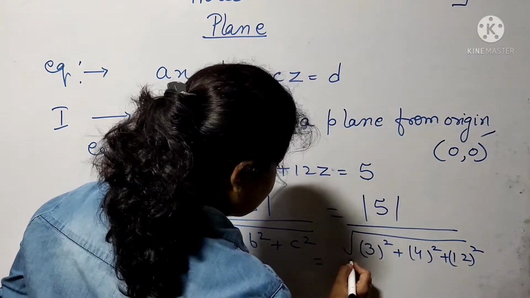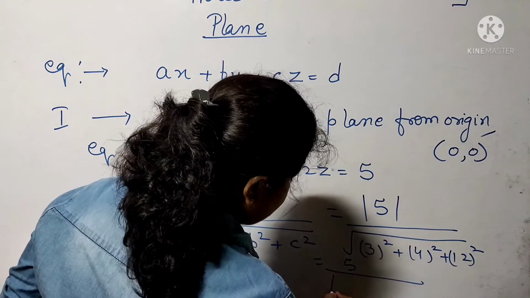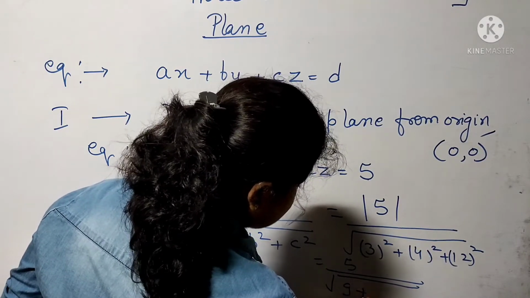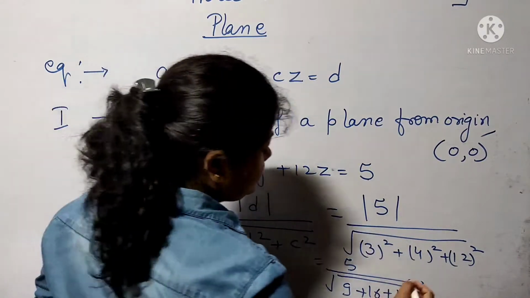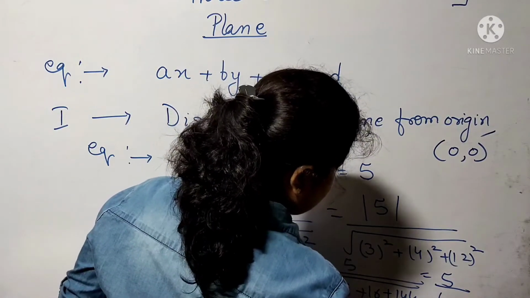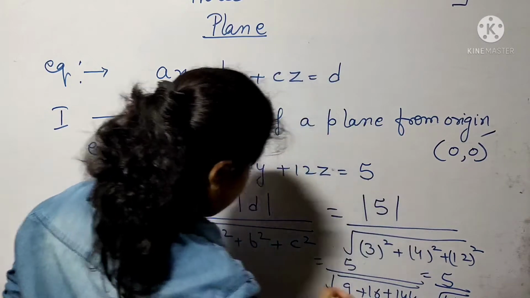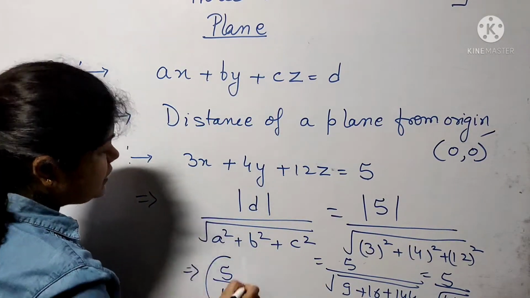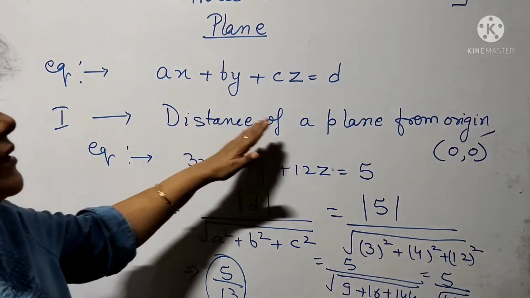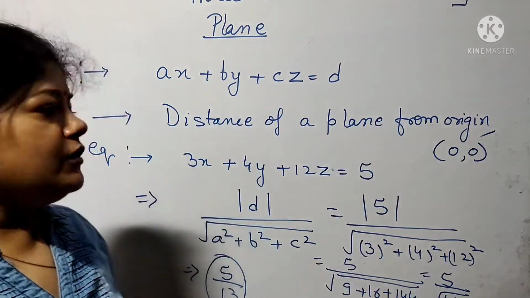When we solve, we get 5 over, 3 3s are 9, 4 4s are 16, then 144, and when we sum up, we get 5 over under root 169, which is equal to 5 over 13. So in this way, we can find the distance of a plane from the origin.